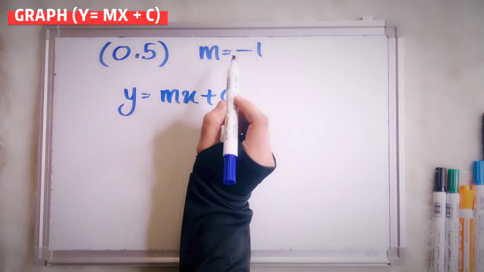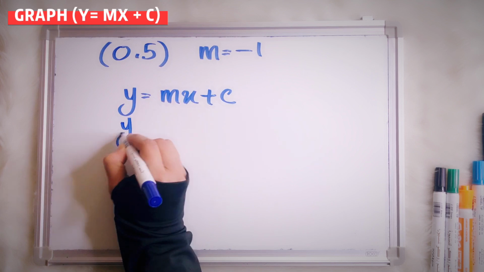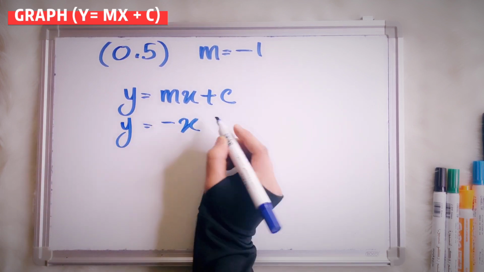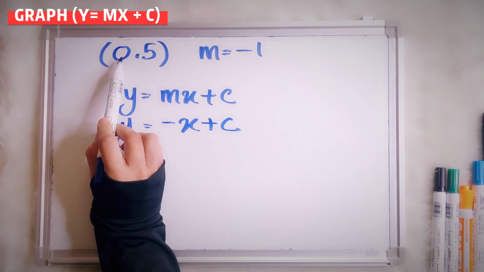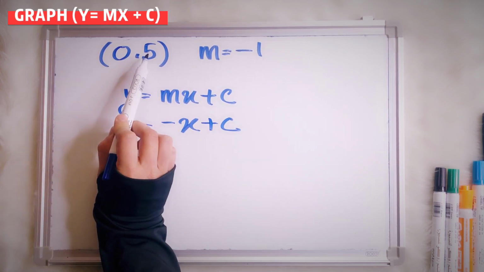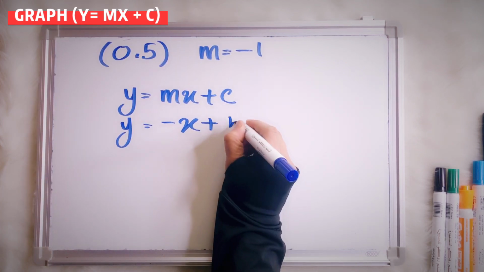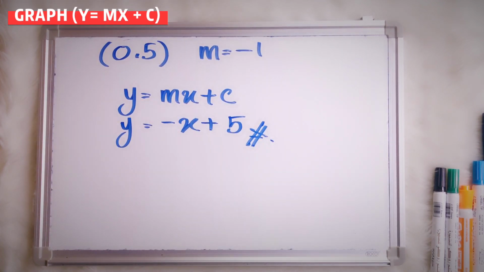Replace your m first. So y equals -x, because 1, right? Plus c. We know here the x is 0, so your y is 5. So definitely here is 5. Easy, right?